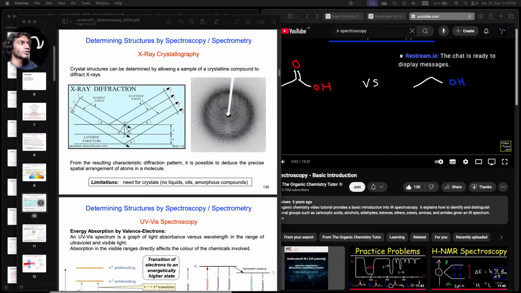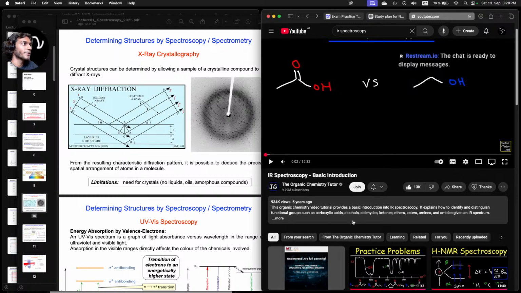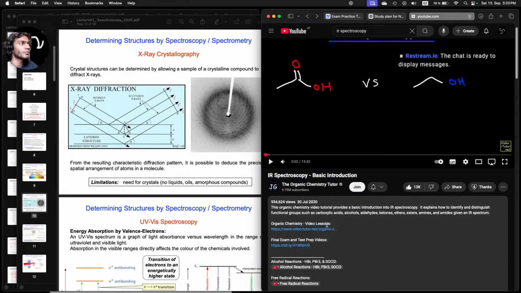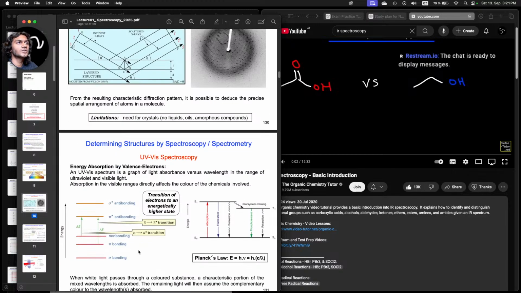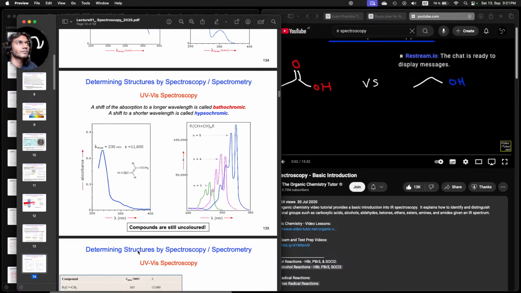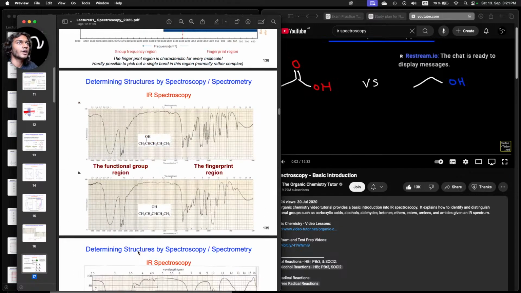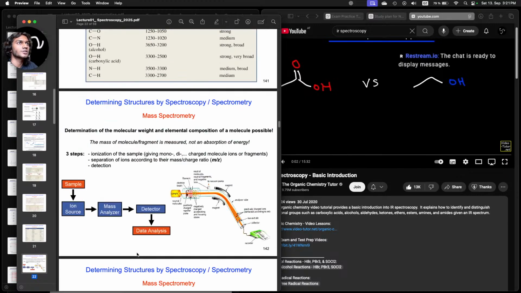I did not learn those functional groups in form of dips in the graph. I did not know exactly which functional group is for which, but I'll look into those. UV-Vis, IR. After IR, it's mass. Okay.